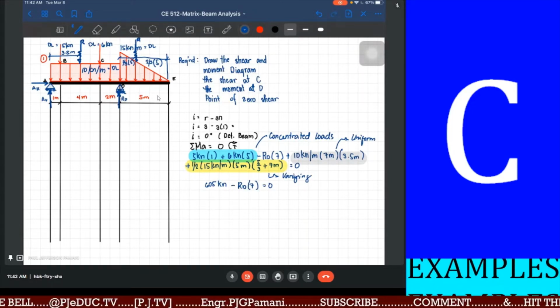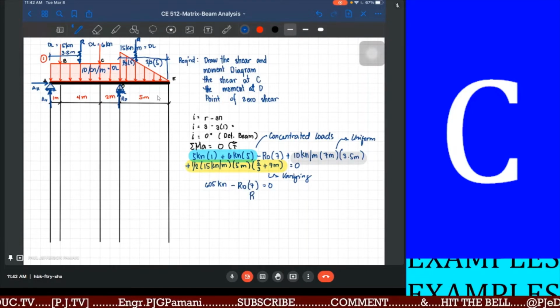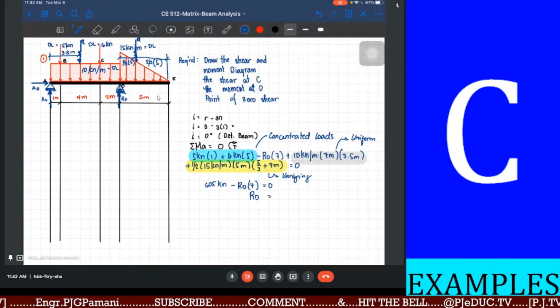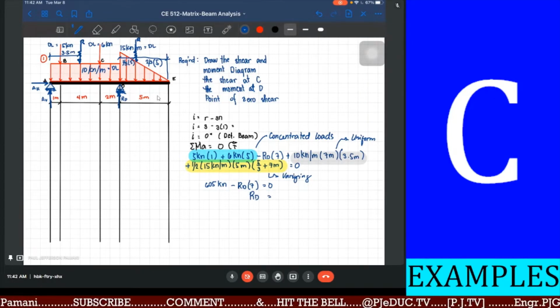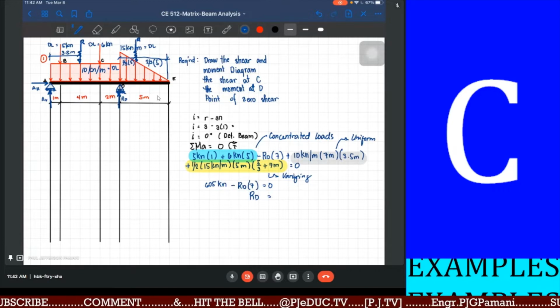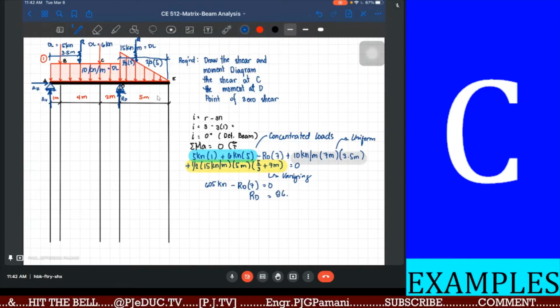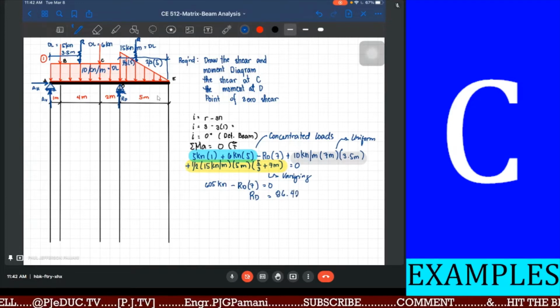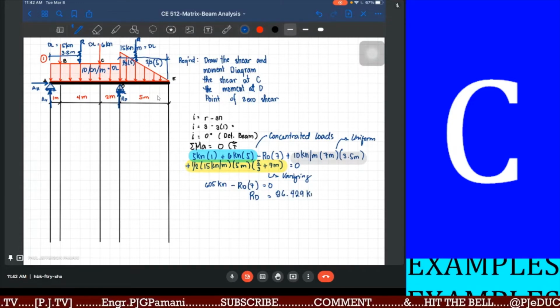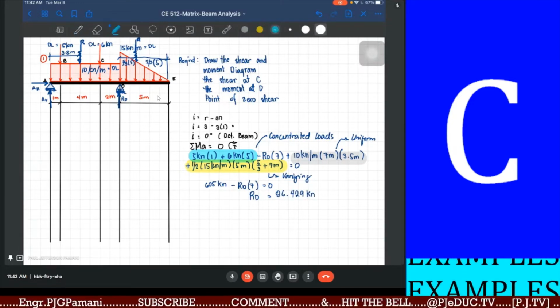Transpose, divide both sides by 7, reaction at the roller support, 605 divided by 7, we have 86.429 kilonewtons. Okay?